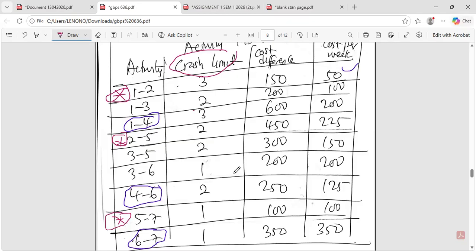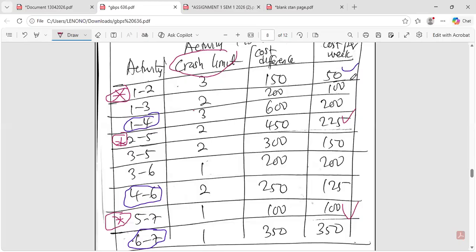So the one that has the least cost per day is actually 50 from this other route. There's a 50, 25, as well as 100. So 50 is the least cost per day.